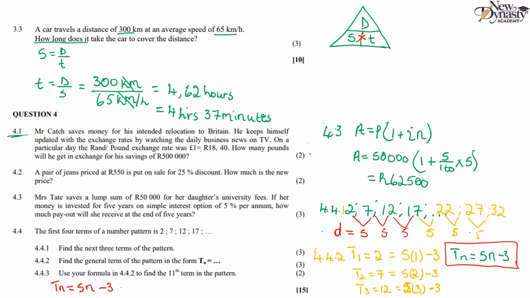So we're going to use this formula, but because they are looking for the 11th term, it means your n is going to be 11. So T11 is going to be equals to 5 times 11, then you subtract 3, and you use your calculator to get your answer. 5 times 11 is 55, minus 3, that is going to be 52. And that's how you do that question. I hope you do understand that, grade 8.